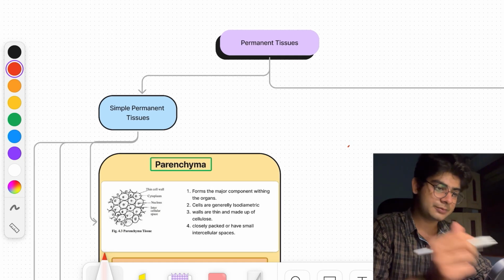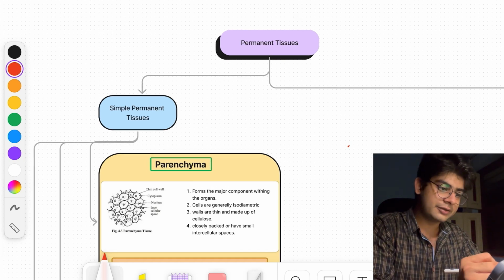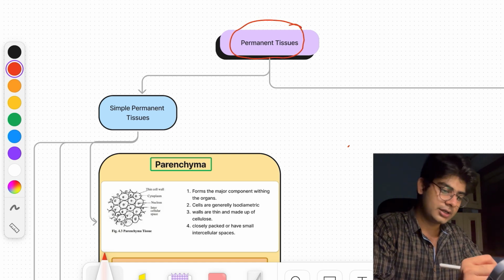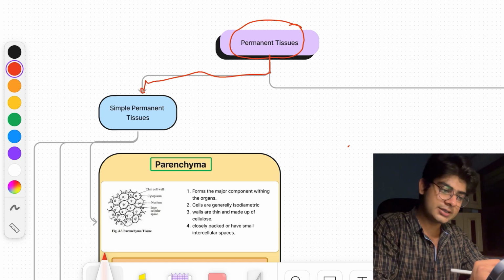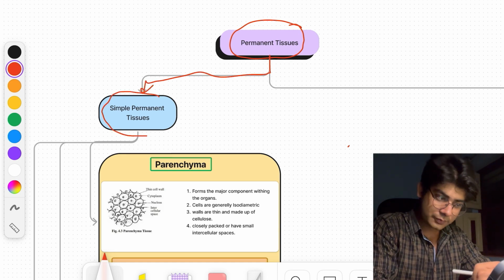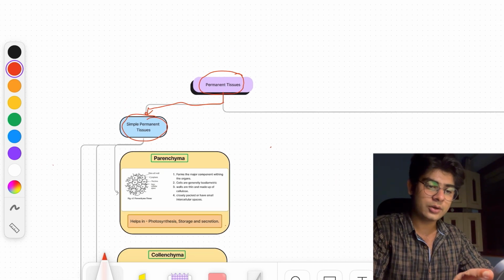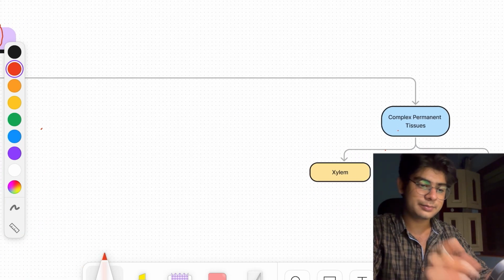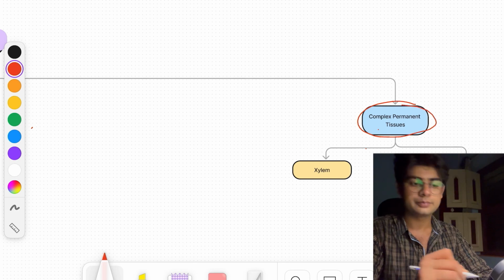So at first we can divide the permanent tissues into two sections. The first one is simple permanent tissues and the second one is complex permanent tissues.